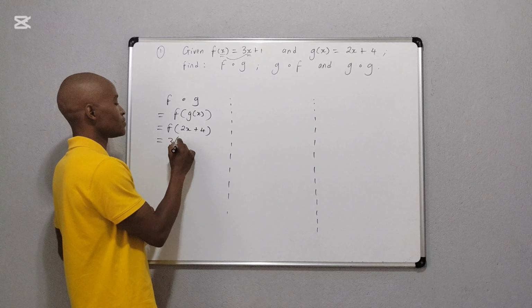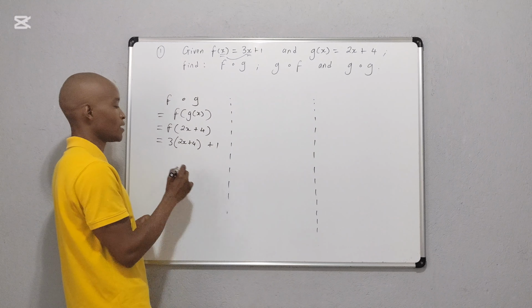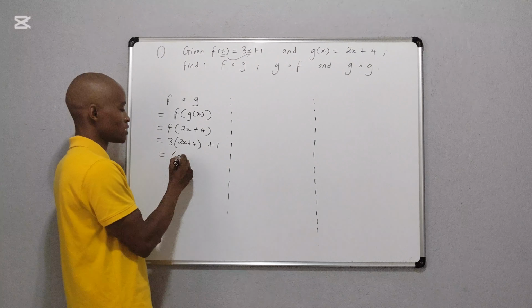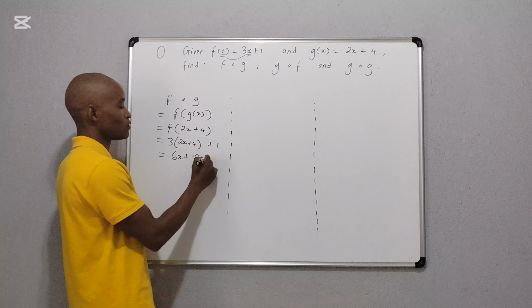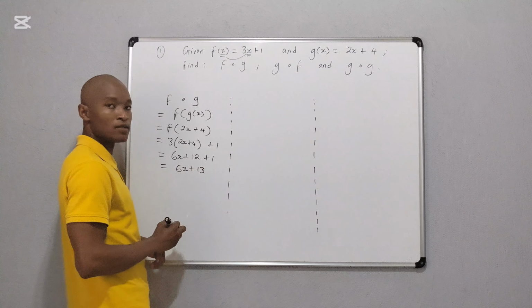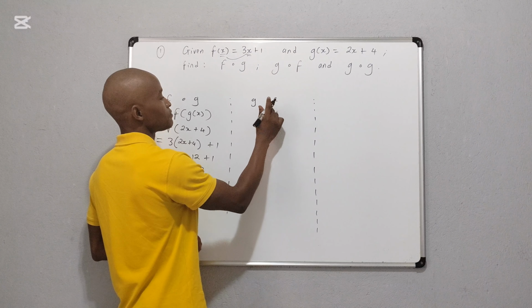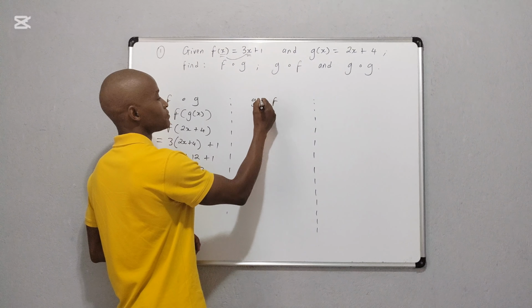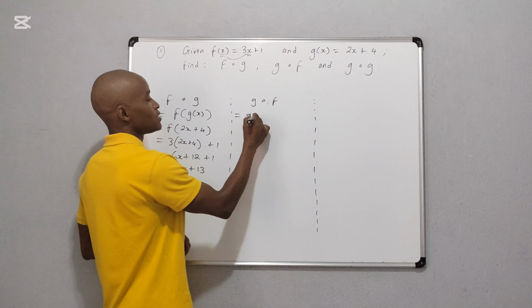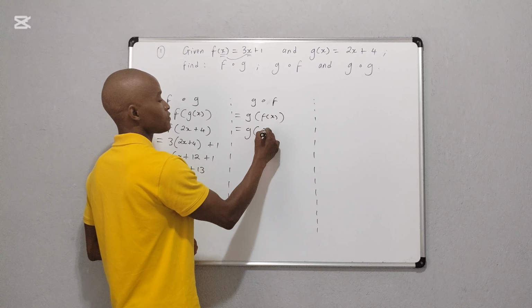It's 3 times (2x plus 4) plus 1, which is equal to 6x plus 12 plus 1, which is 6x plus 13.